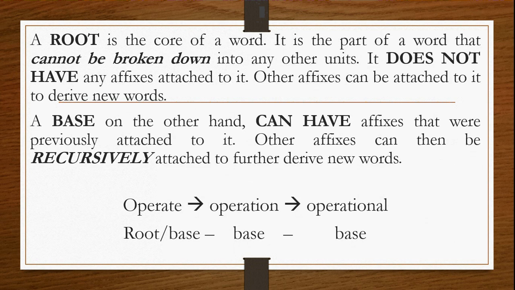If you take a word and you separate all the elements, you take away all the suffixes, you get to the core, the starting point, the origin of the word. That's the root, the one that cannot be divided anymore.